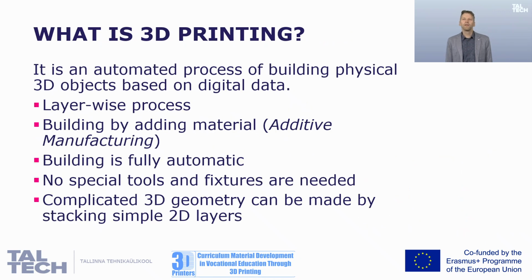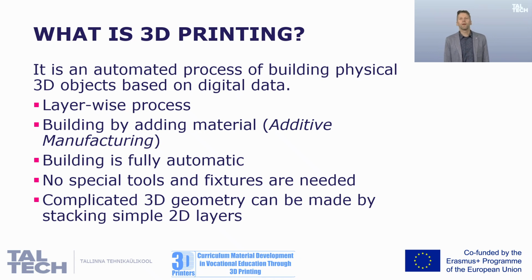So what is 3D printing then? We all have heard about 3D printing, right? 3D printing is an automated process of building physical, three-dimensional objects, which means that they can have any shape, and the geometry is coming from digital data, from computer systems.